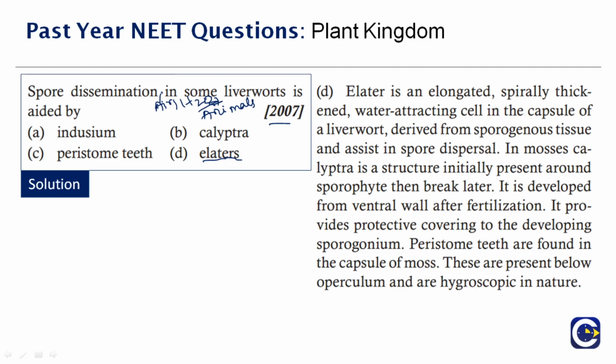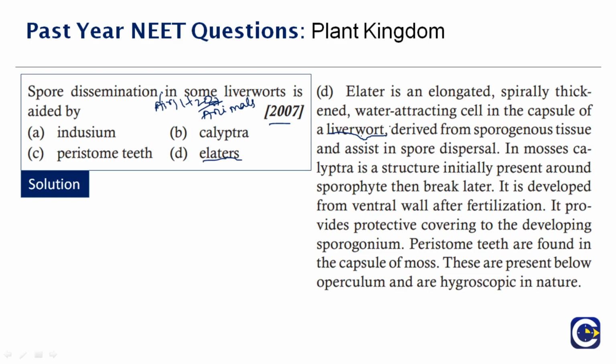They will be carried by the water, and when they find a favorable condition they will reproduce; otherwise they remain intact. The elater, an elongated, spirally thickened, water-attracting cell in the capsule of the liverwort, helps in spore dissemination. That is specific and thereby helps in the generations of the organism.